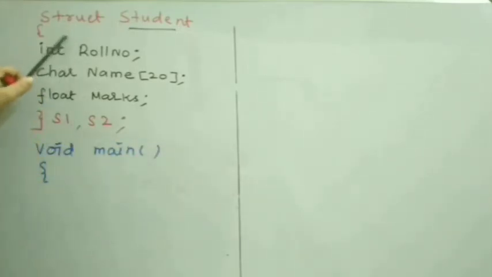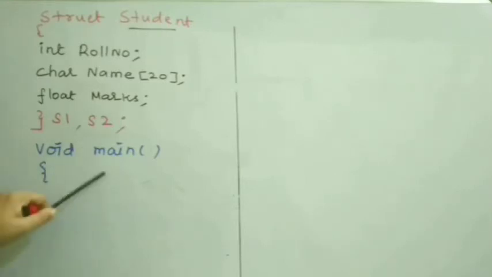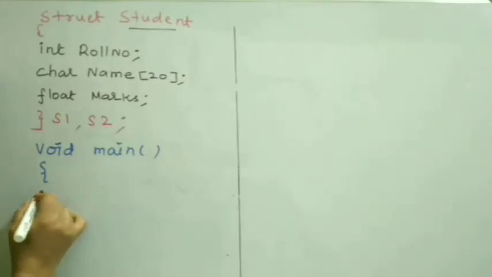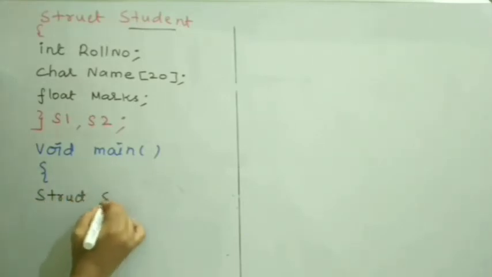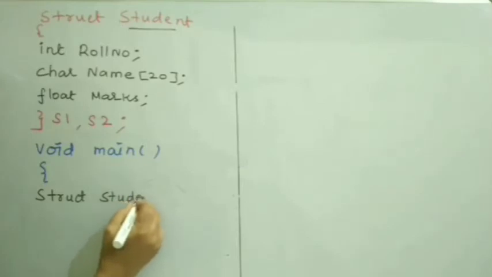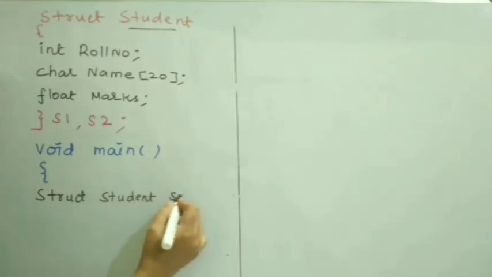Within the main function, to declare a structure variable of this student data type, the declaration starts with the keyword struct and then the name of the structure, that is student. The structure variable is S3.